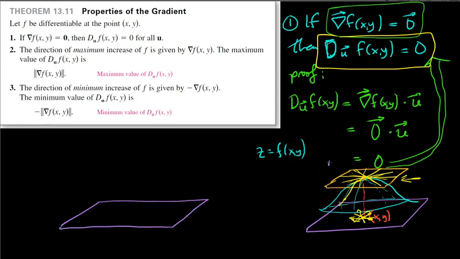So this is for number 1, this is for number 2. This is going to be kind of hard to draw here, but let's take something like this. So this is my surface. This is z as a function of x and y.